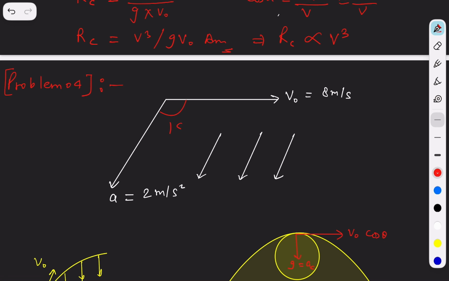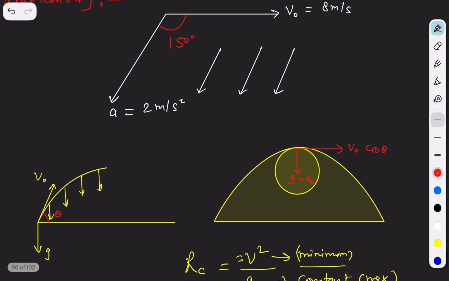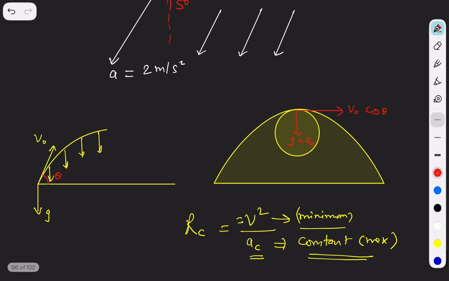So here also this is 150 degree, this angle is 90, so this angle can be taken as 60 degree. So here theta is 60 degree.